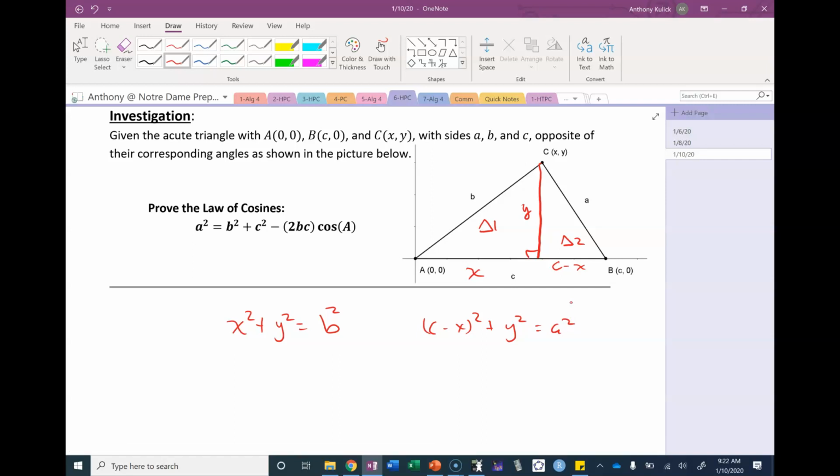Do you see anything in common between these two equations? They both have an x, sure. What else? They both have a y squared. So what we can do then is treat these as a system of two equations, and we can make a substitution via y squared.